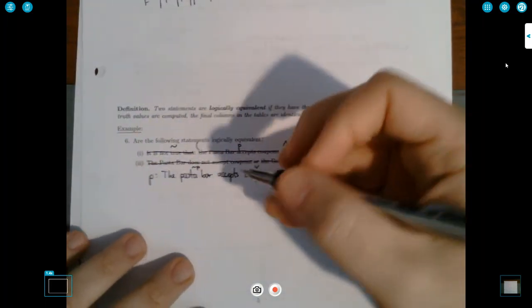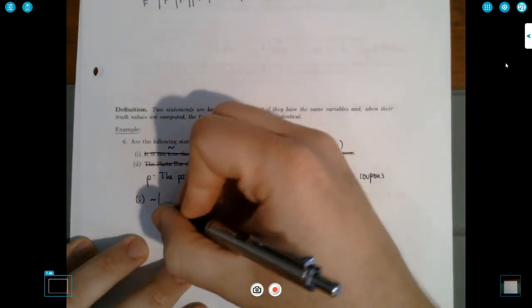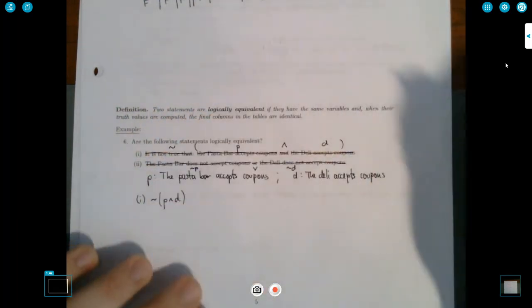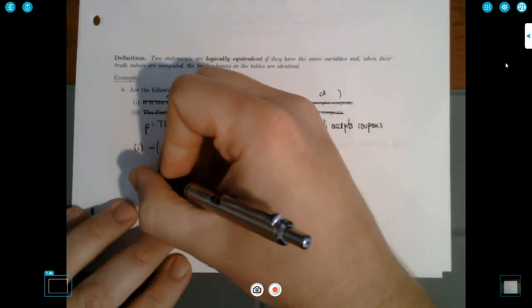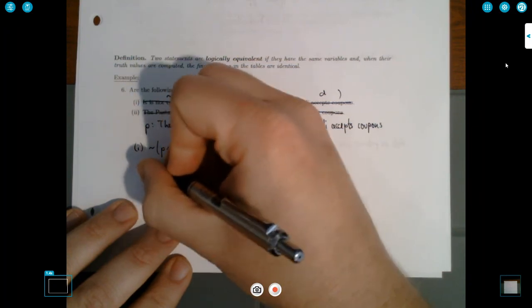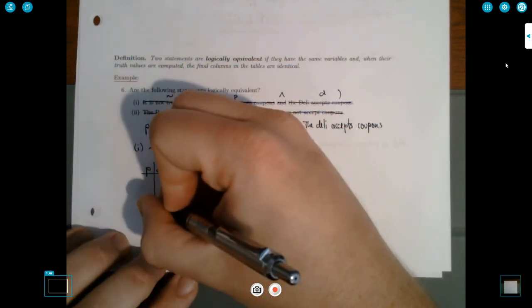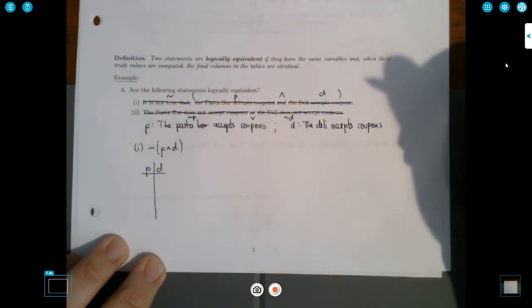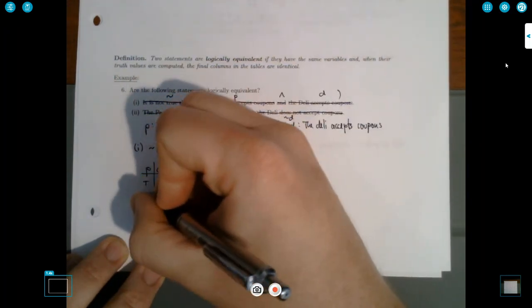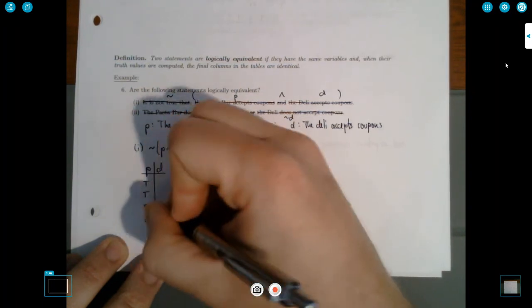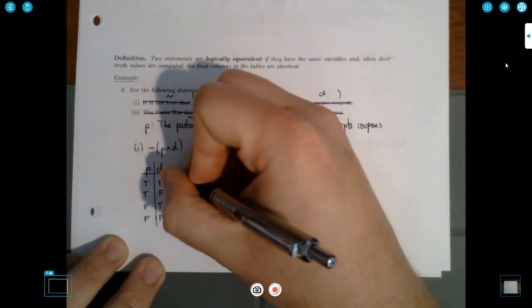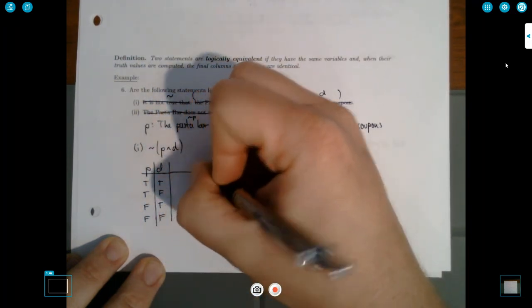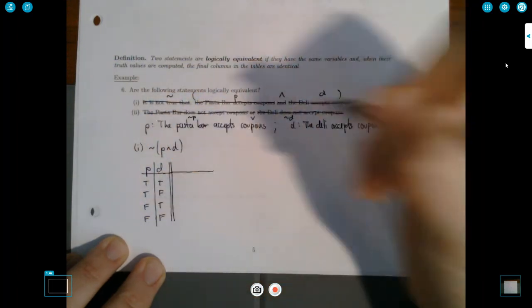All right. So for statement 1, not (P and D), the truth table would look like this. We've got two variables, P and D. That means we're going to have 2 to the 2, or in other words, 4 lines. They're going to be T, T, F, F, and then T, F, T, F. Okay.